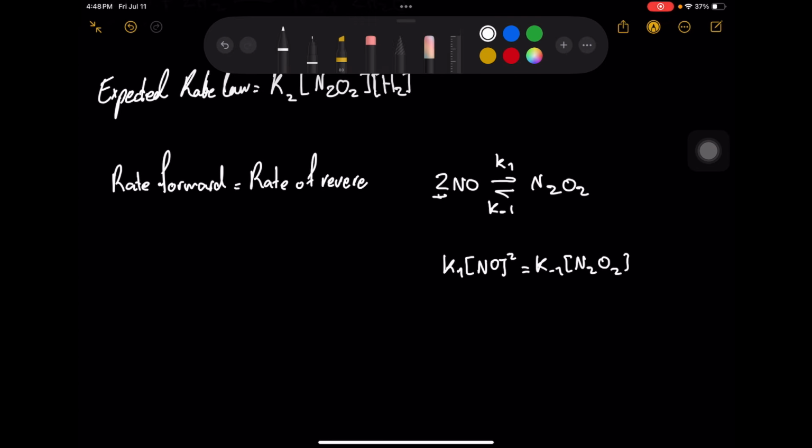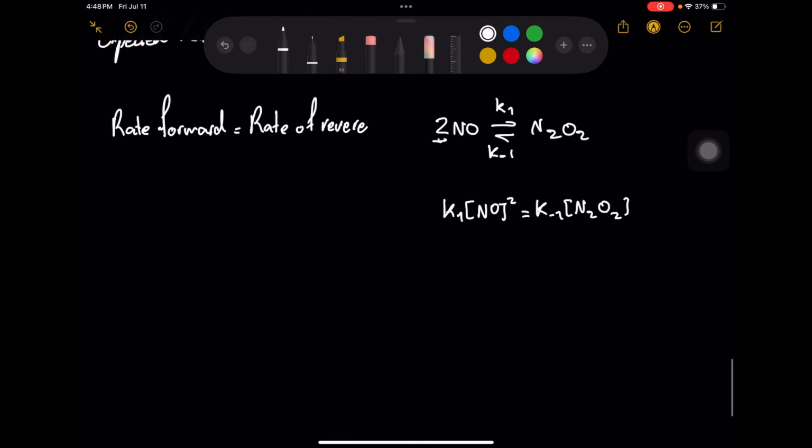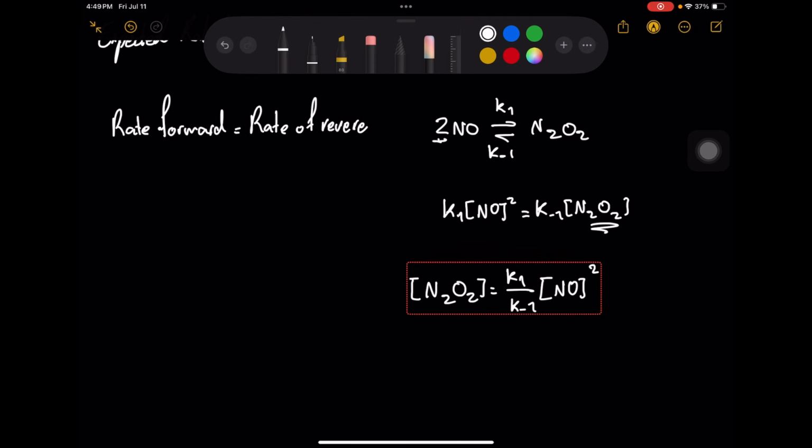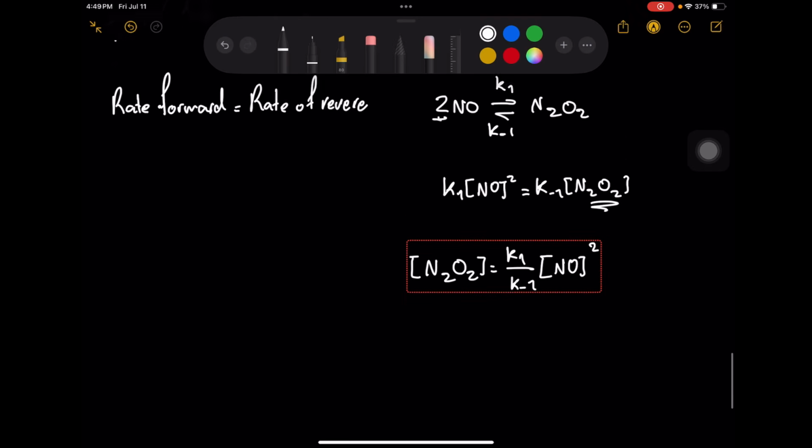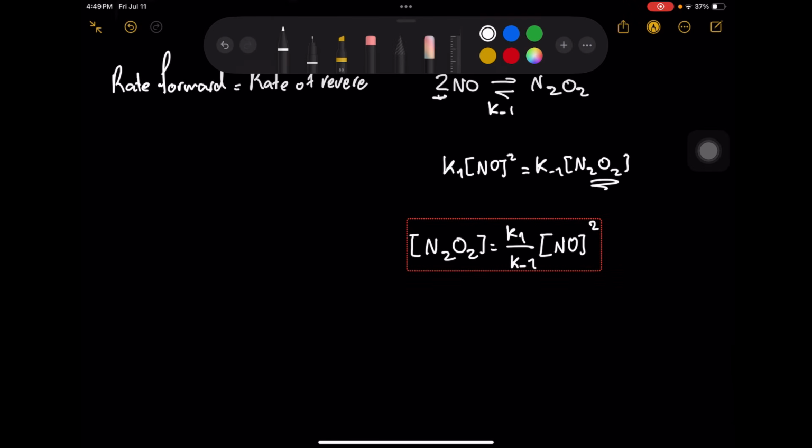The rate for N2O2 would be K1 over K negative 1 times NO to the power of 2. So the slowest step rate would be the thing that we wrote.